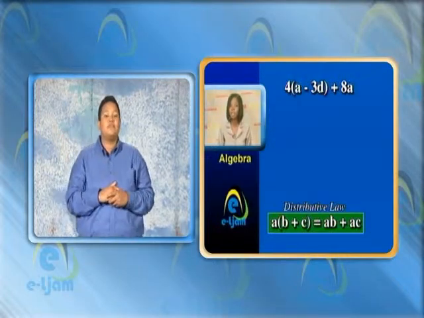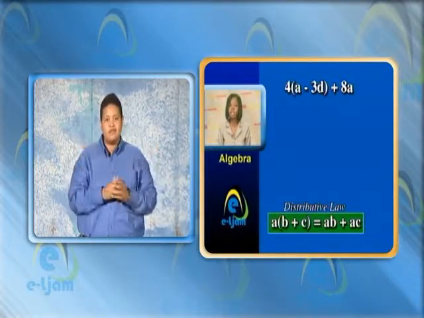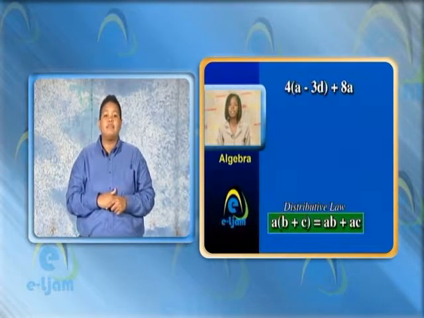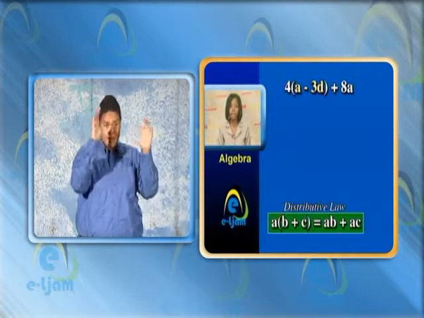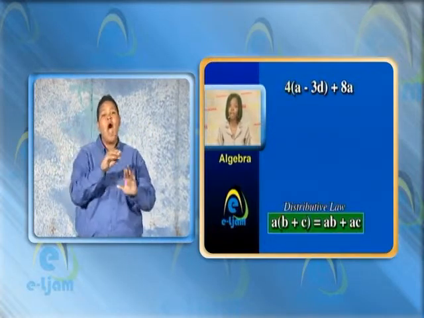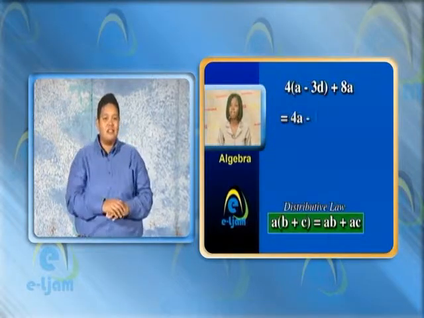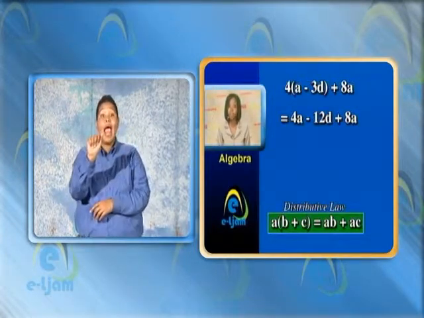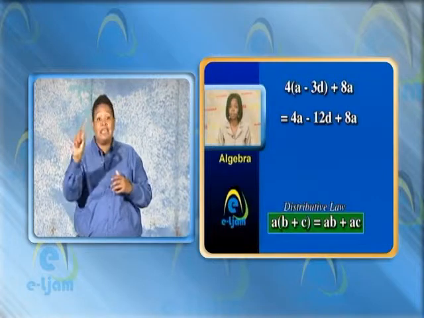Now back to our example. 4 times a minus 3d plus 8a. In this example, we are going to multiply the two terms in the bracket, a and negative 3d, by the term outside, the 4. This gives us 4a minus 12d plus 8a.